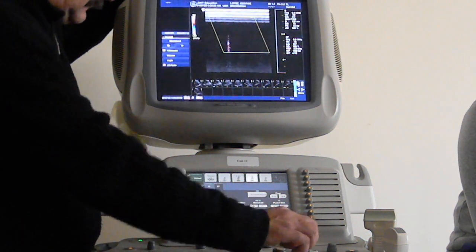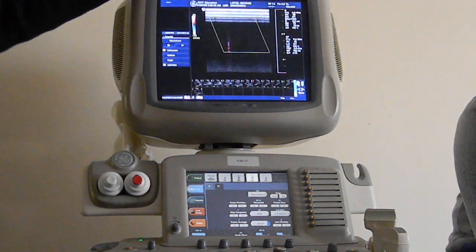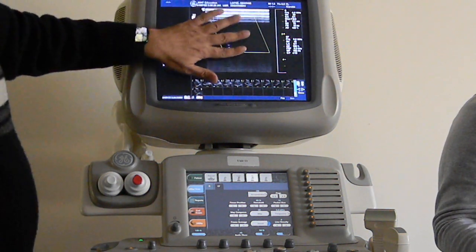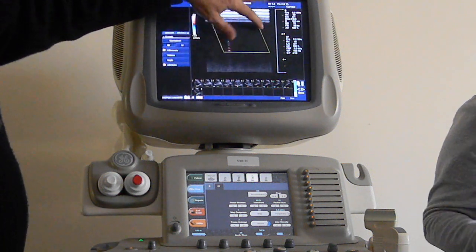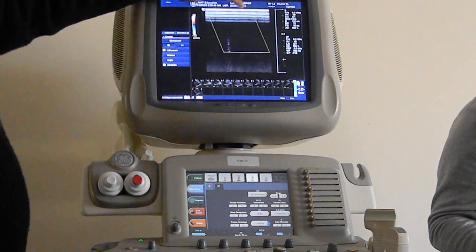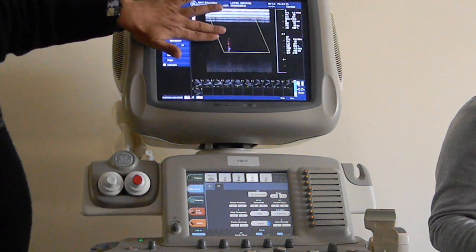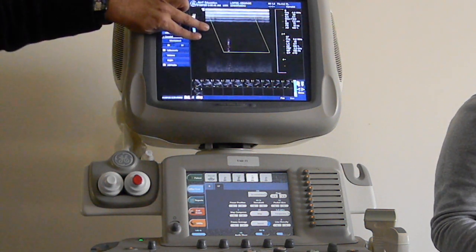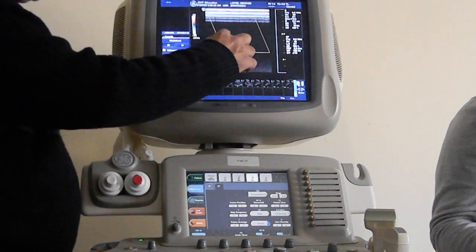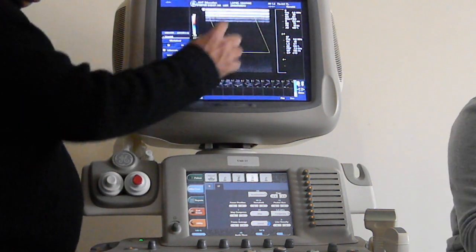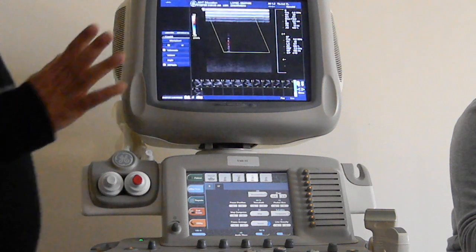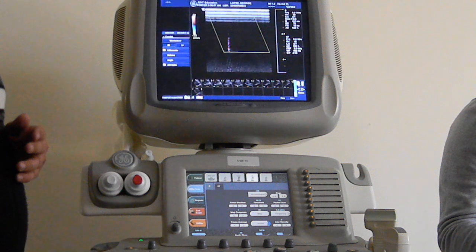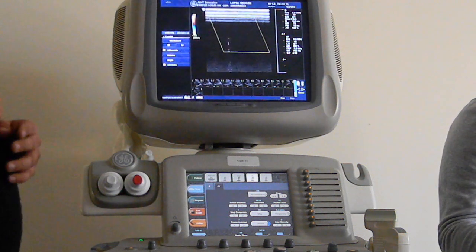One thing that your teachers most likely would like is that you make sure that if this is your picture, the blood vessel is in the center, whether it's running across the screen like this or shown as a round shape. It all depends on whether you talk about a longitudinal or sagittal view or a transverse view.